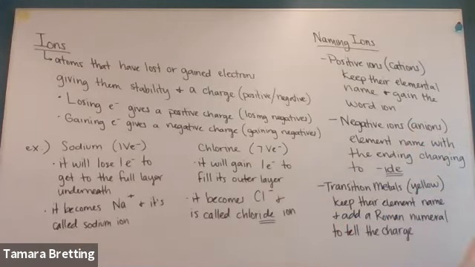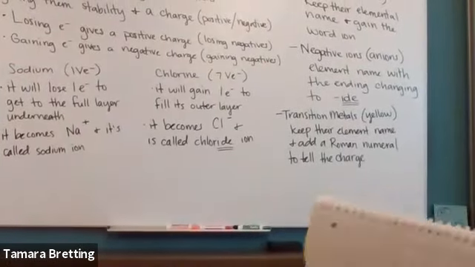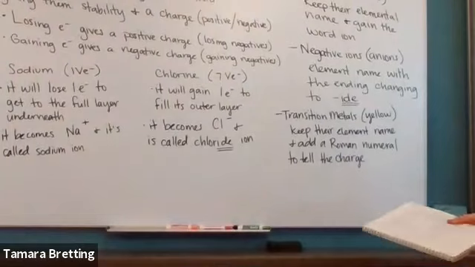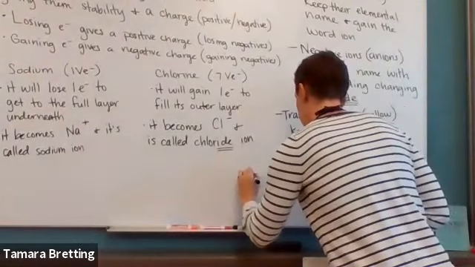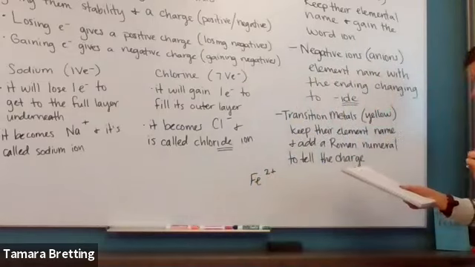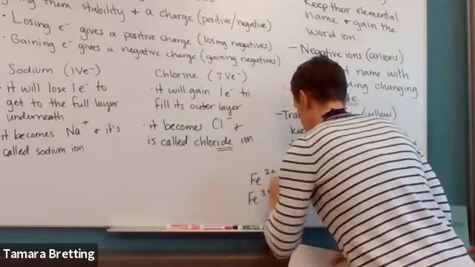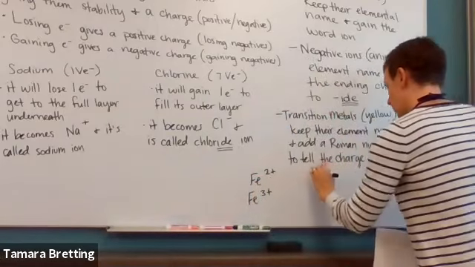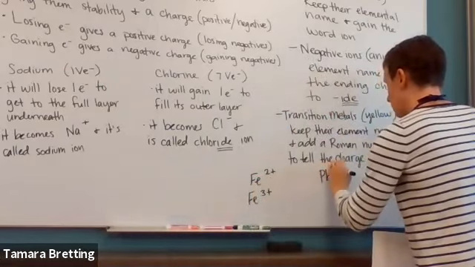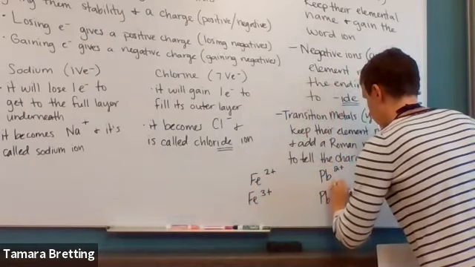Now I'm going to change the angle here just a little bit, scoot it down so that we can see some examples of this. Okay. So I'm going to put in Fe2+ and Fe3+, Pb2+, and Pb4+.